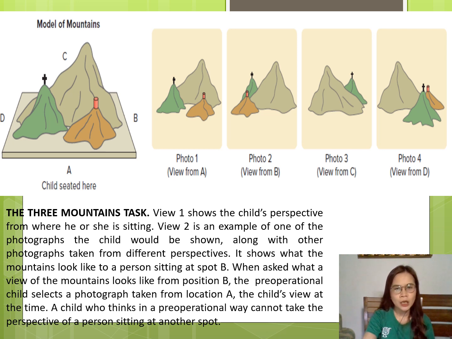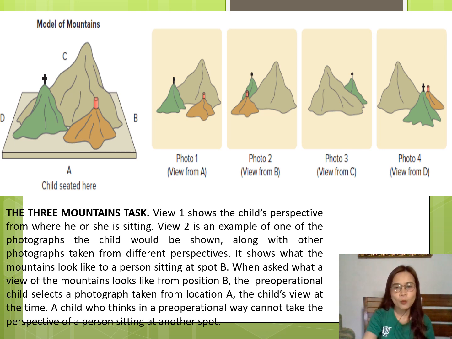Ayan, so view 1, okay, shows the child's perspective from where he or she is sitting. Okay, etong photo 1. And then view 2 is an example of one of the photographs the child would be shown, along with other photographs taken from different perspectives.